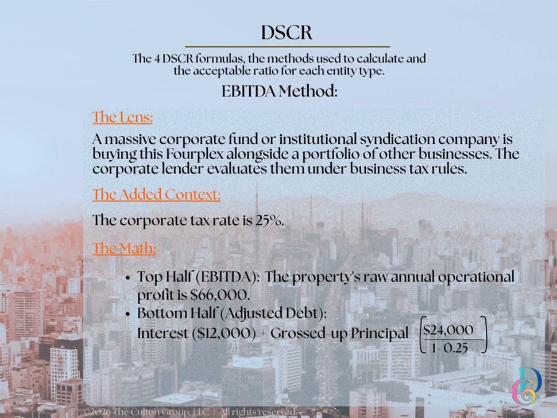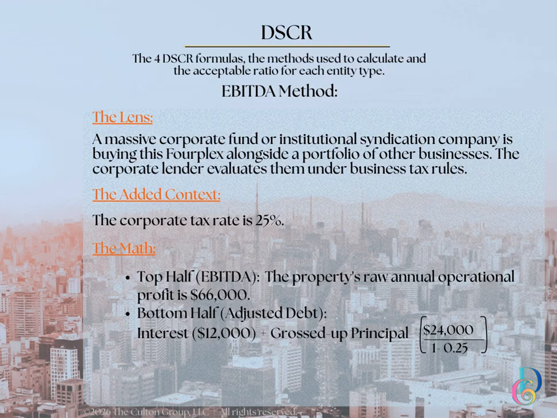This is the method that has two fractions, a fraction within a fraction. Okay? So the top half, this is the EBITDA. The property's raw annual operation profit is 66,000. The denominator, this is the adjusted debt.